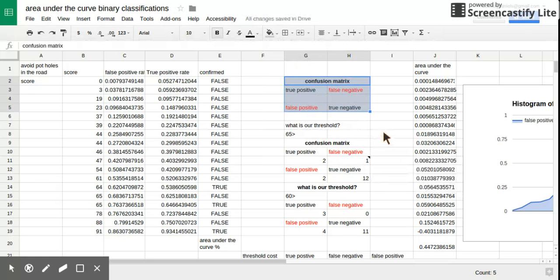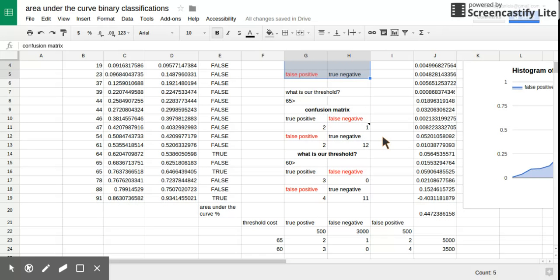But just to give a demonstration, I'm going to set my confusion threshold at 65. That means anything over 65, I'm going to react, whether I stop the car or turn the car or something. That's my threshold. So if my threshold is 65, it's right here.